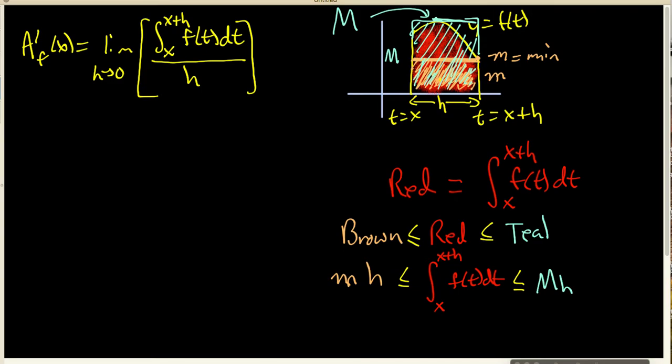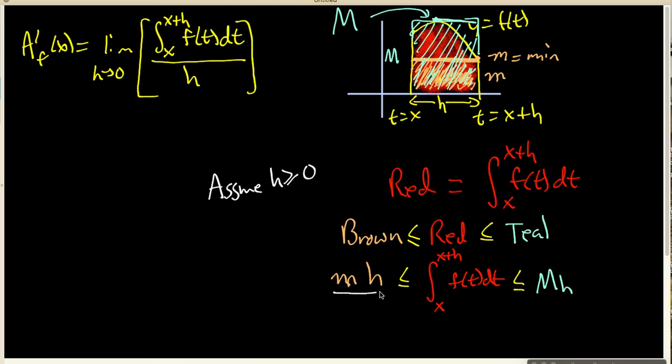Now I want to come back over here and think about what it is that we're actually taking the limit of. We have the integral divided by h. So I want to divide this whole inequality by h. And I do want to remember that for the time being, we are making the assumption that h is bigger than or equal to 0.